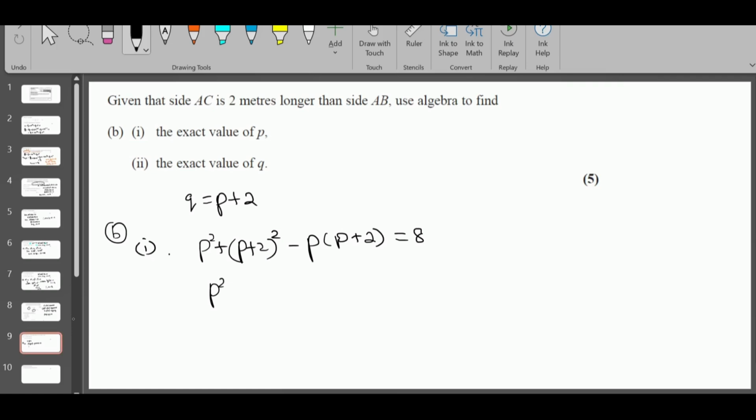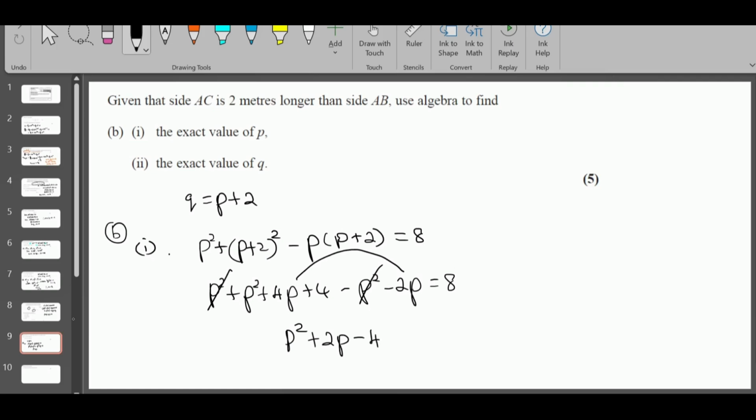You will get p squared plus (p plus 2) whole squared minus p(p plus 2) is 8. This is supposed to be 2ab, which is 4p. You cancel this, you are going to get p squared, 4p minus 2p is 2p, 4 minus 8 is minus 4, equals 0. And then solve it.